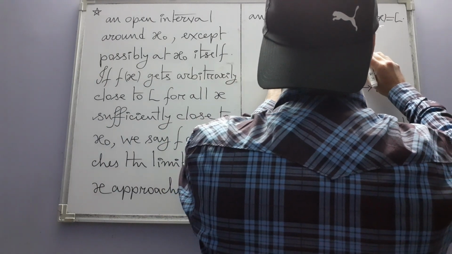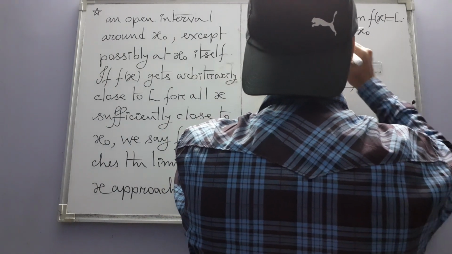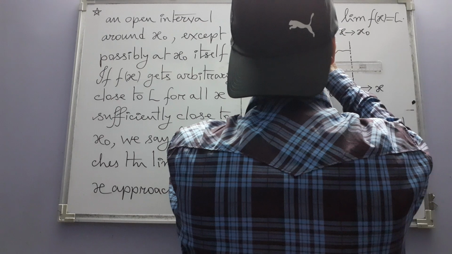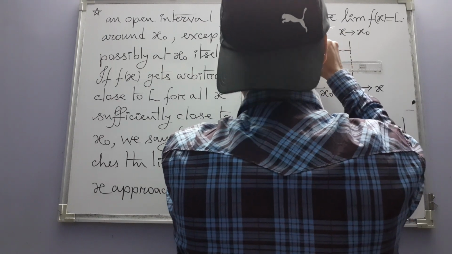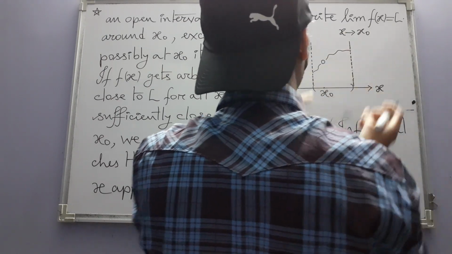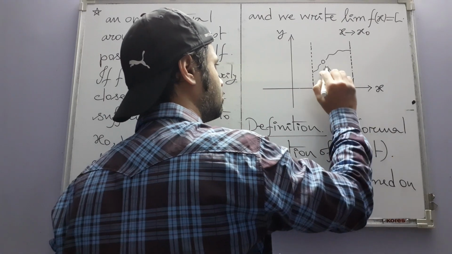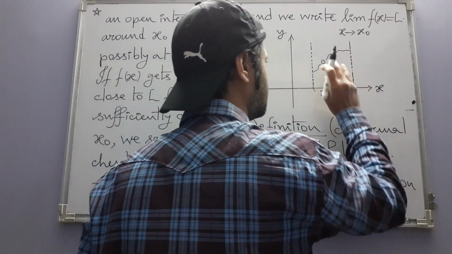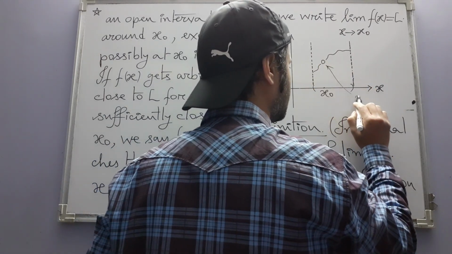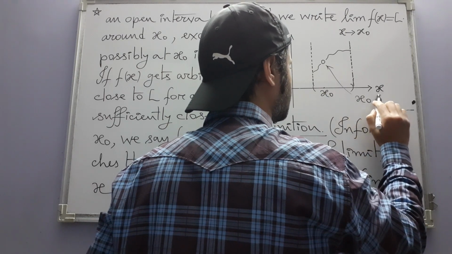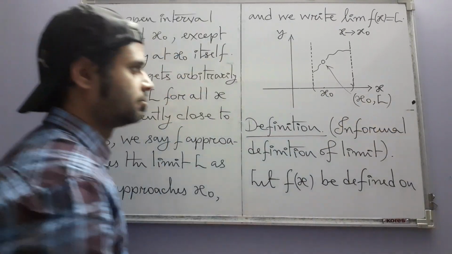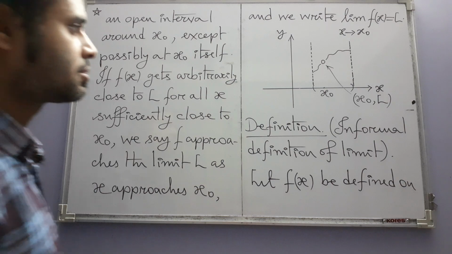Now the point that is missing from this graph is this point, which is x naught comma L. Some point is missing from this graph.